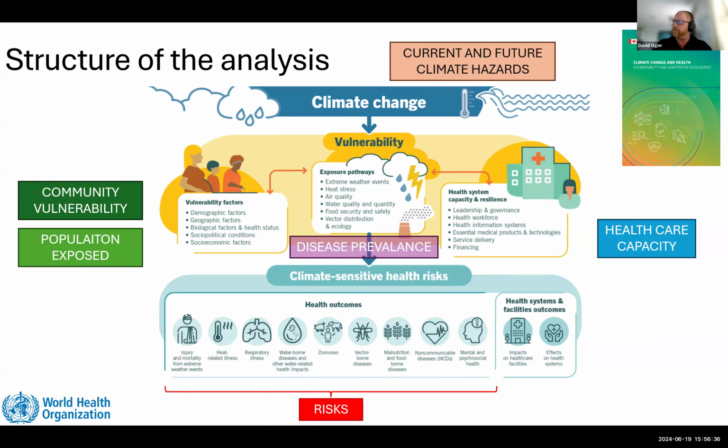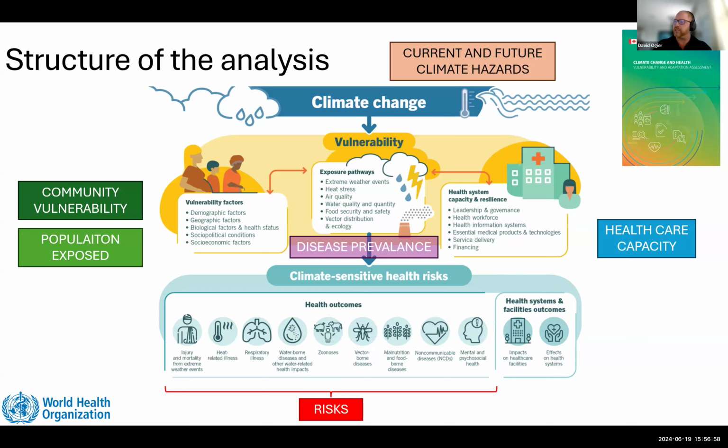It does describe the current and future climate hazards as the overarching drivers. It also has vulnerability factors like healthcare capacity and community vulnerability, and your exposed populations, as in which people you want to work with, and how that relates to disease prevalence, for instance.